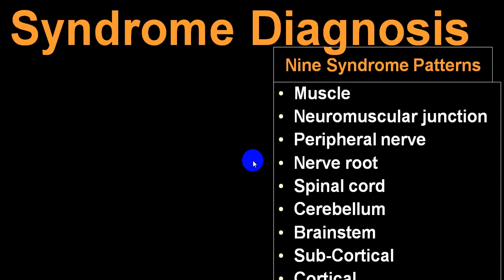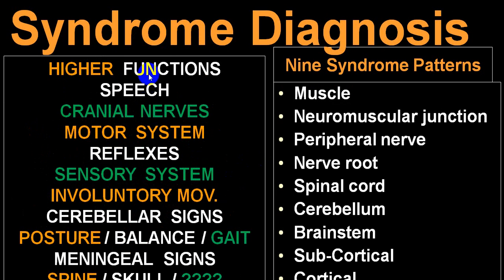Now, normally when you approach the examination, after doing higher function, speech, cranial nerves, motor system, reflexes, sensory system, involuntary movement, cerebellar examination, posture, balance, gait, meningeal signs, spine, skull, etc., we should be able to put them into any one of these 9 syndrome patterns. So either it is cortical, subcortical, brainstem lesion, or cerebellum, or spinal cord, or nerve roots, or peripheral nervous system, myoneural junction, or muscle.